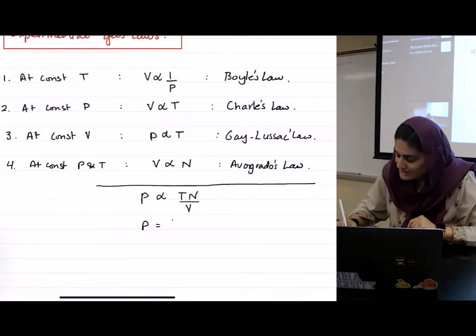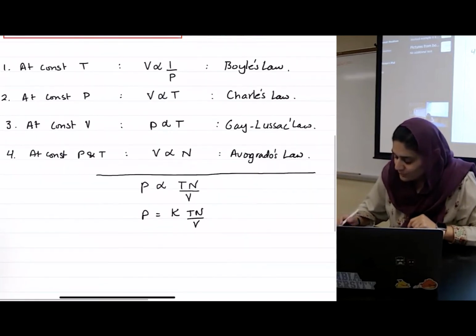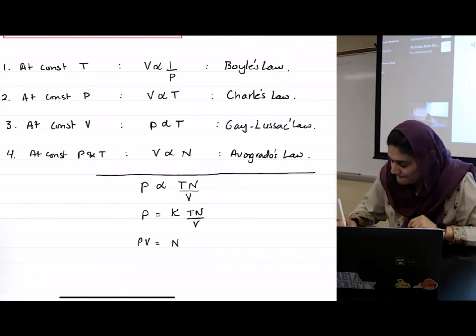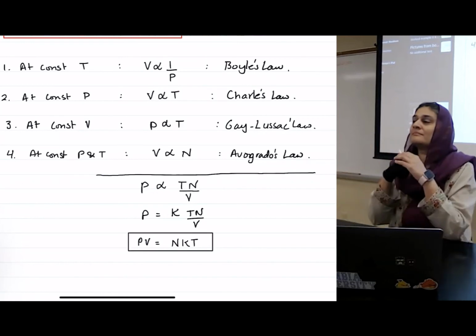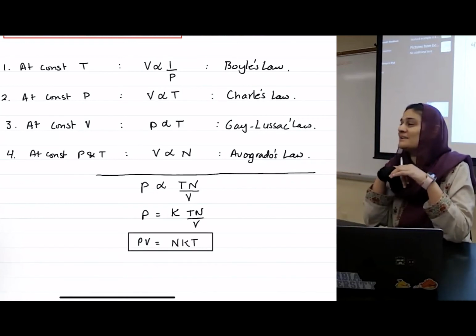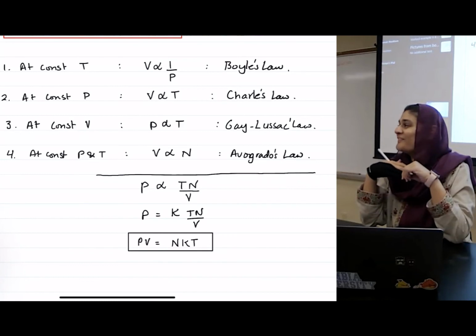That constant is called K. Or, drum roll, PV equals nRT.